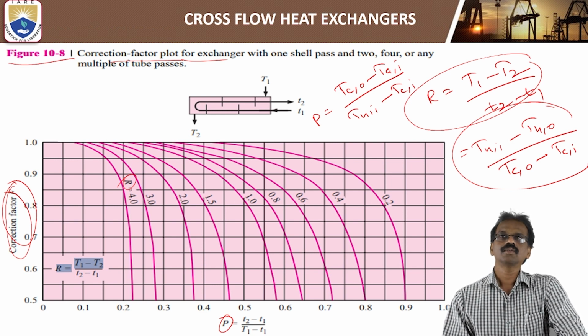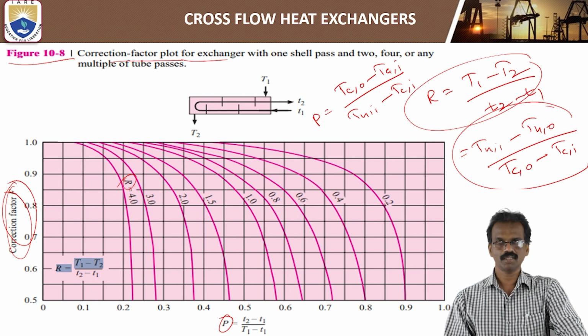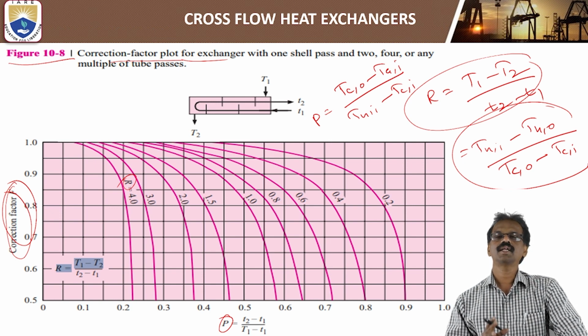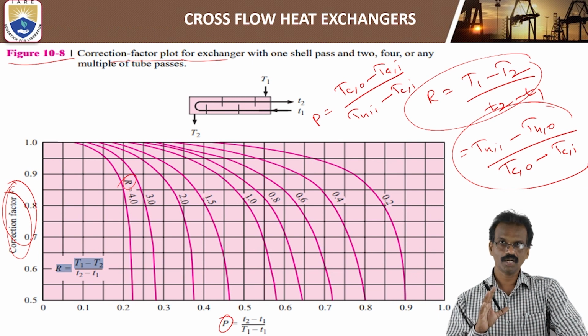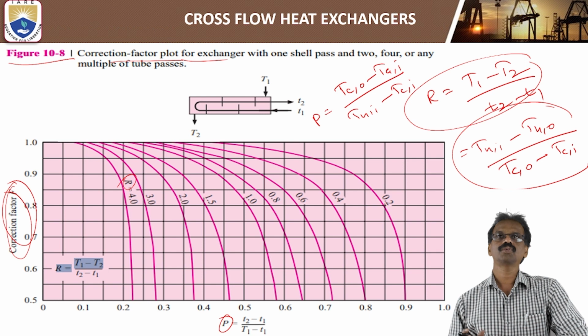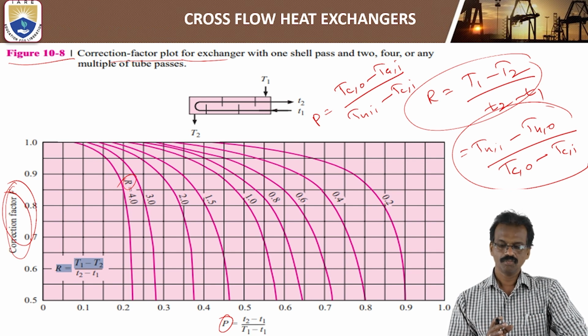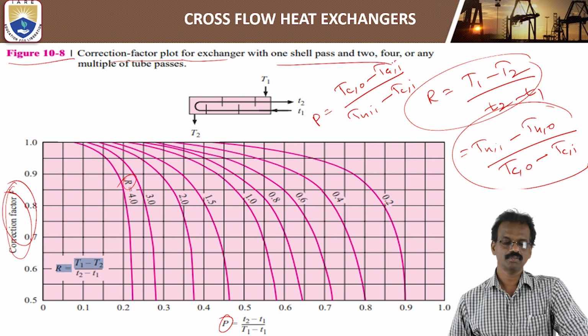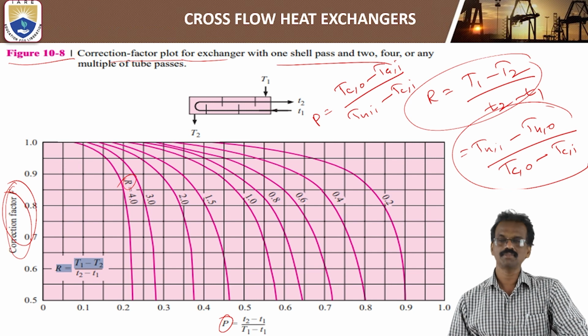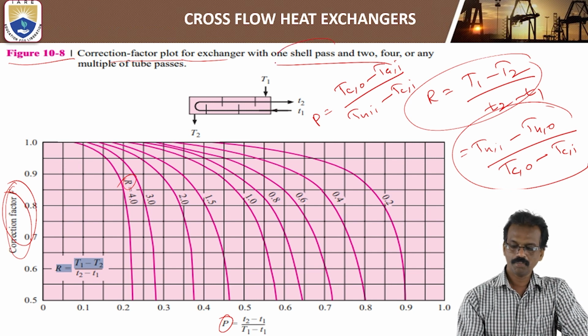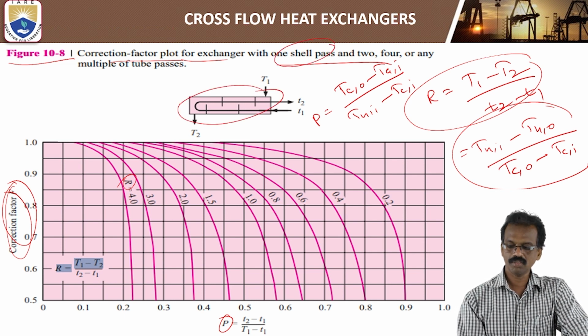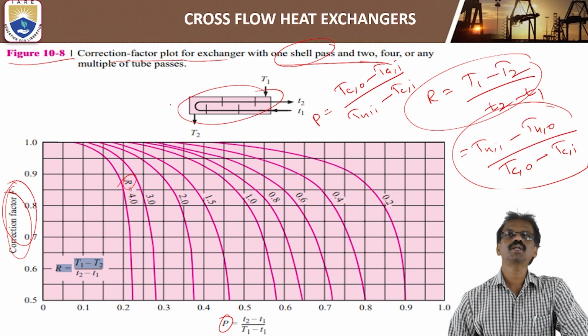For solving cross flow type heat exchangers, first of all you have to understand the numerical thoroughly and identify which type of flow and what type of heat exchanger arrangement there is. Here there is only one shell pass, and 2, 4 or any multiple of tube passes.